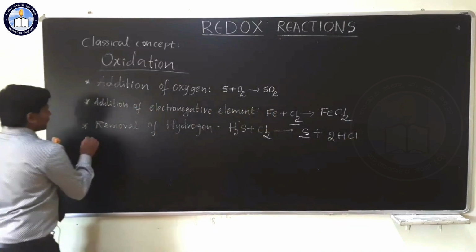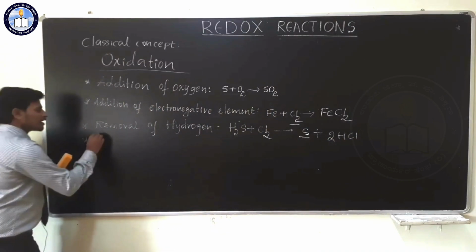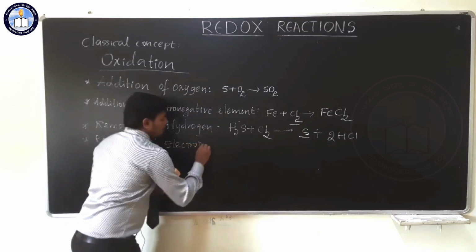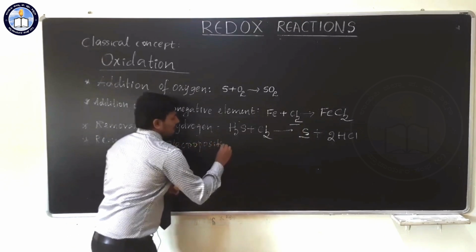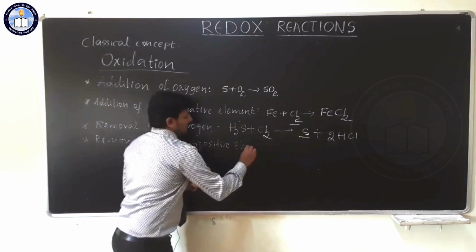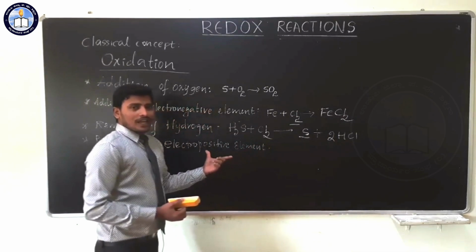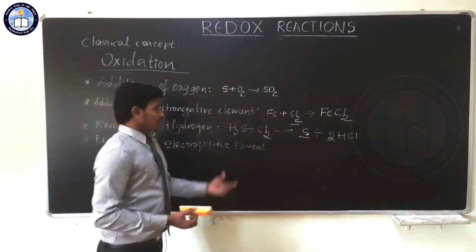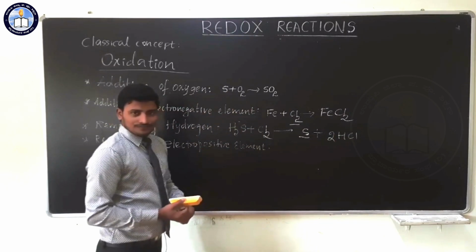What about another definition? Removal of electropositive element. Electropositivity means the ability of an element to lose electrons. Metals have electropositive nature.